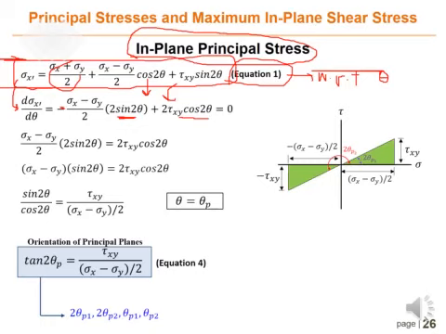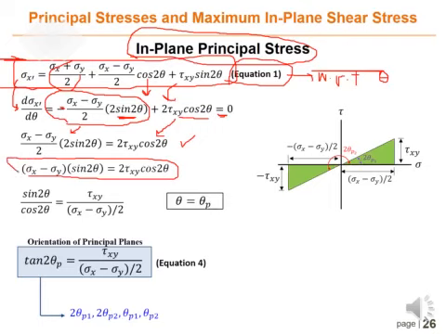So d sigma x prime over d theta must equal 0. Then rearrange this equation: this term you put on the left side, and this term is maintained on the right side.